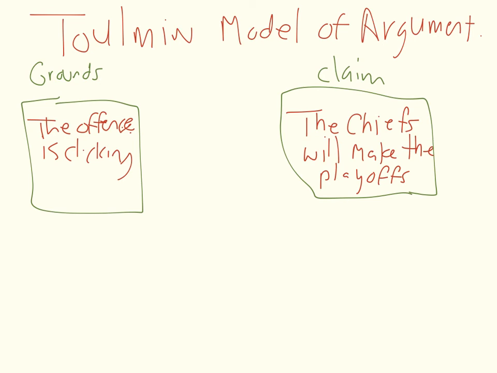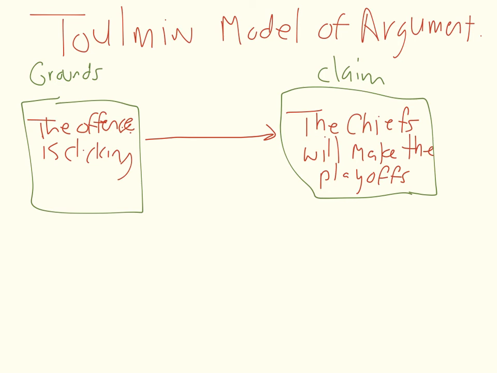Now, between these two things, there's this thing where I'm making an assumption, right? The Chiefs will make the playoffs because the offense is clicking. So what does the offense clicking have to do with making the playoffs? You see, because the offense could be clicking, but that doesn't necessarily mean you'll make the playoffs, right?